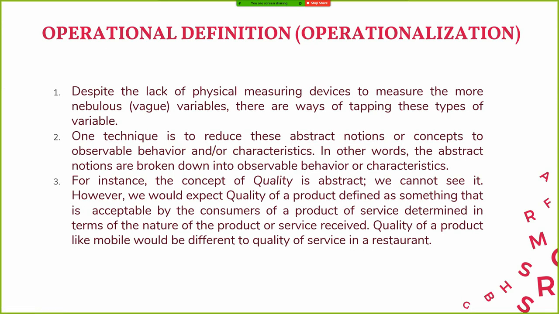The important technique that is most of the time used is that you divide your abstract notion or concept or variable into observable characteristics. For example, how would you say a leader is effective? Effective leadership can be an abstract phenomenon. But how would you say that leader is effective?